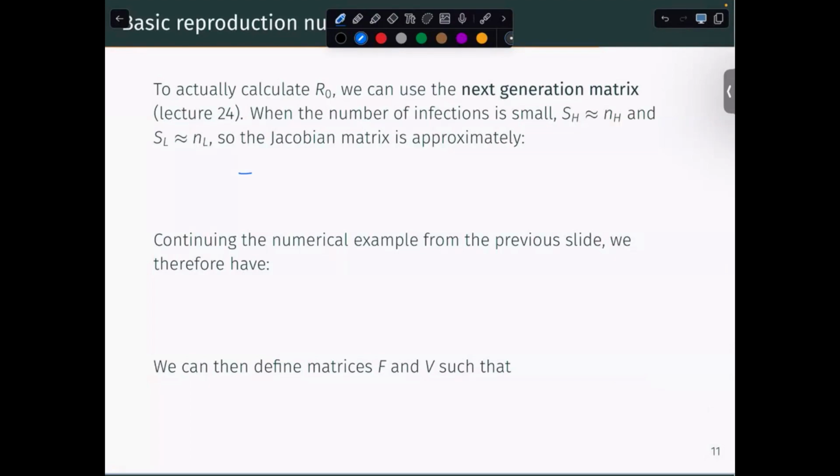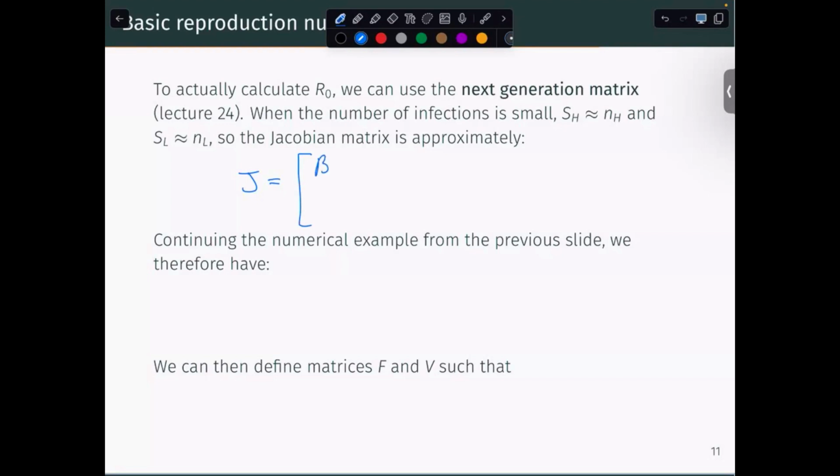Okay, so what's our J going to look like? So our J matrix, our Jacobian for the infected classes here, is going to be, and we're doing this when our population is at its disease-free equilibrium. So almost all hosts are susceptible. They're either high risk or low risk. So we have NH instead of SH and NL instead of SL.